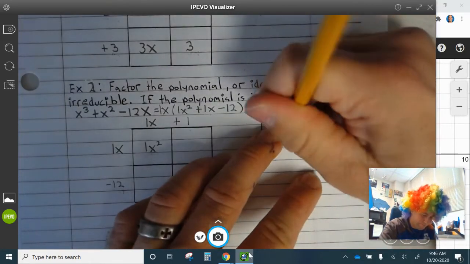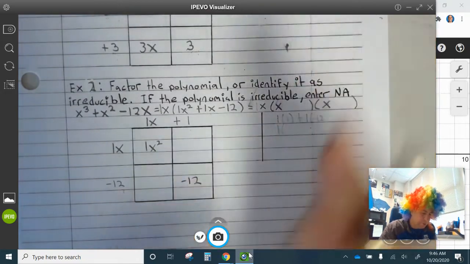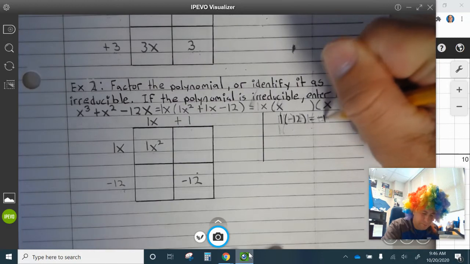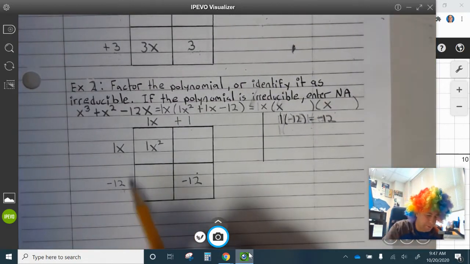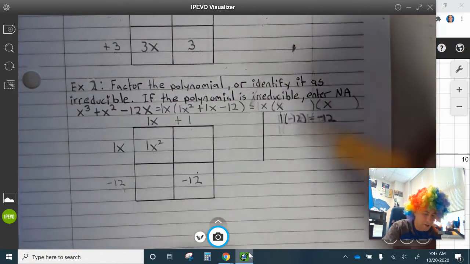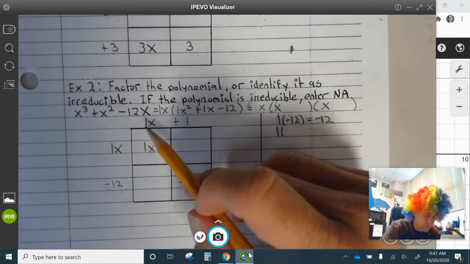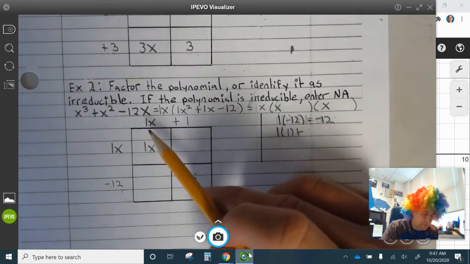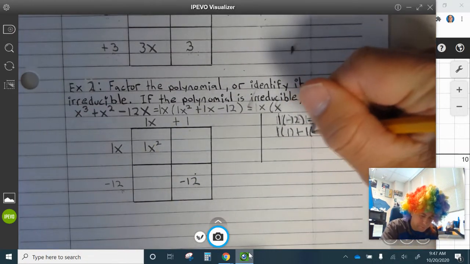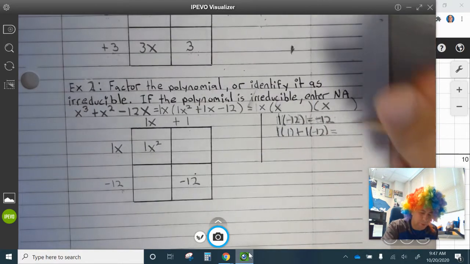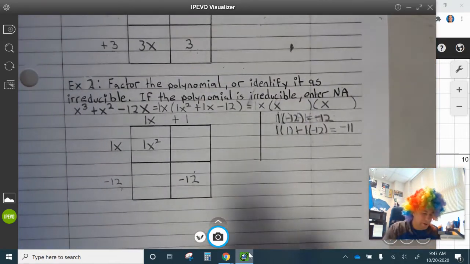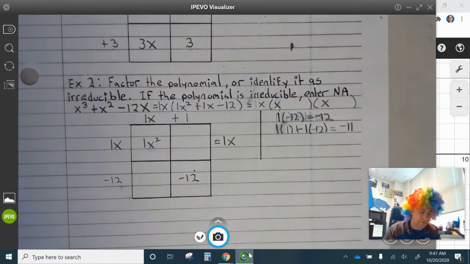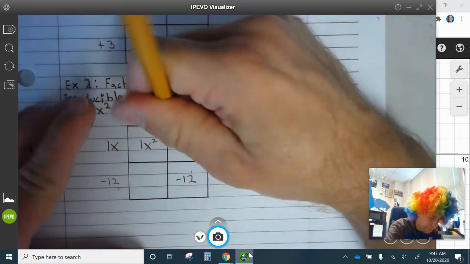Oh, hold on. Keep jumping to this, but you always want to make sure that this works. 1 times negative 12 is negative 12. Okay? You always want to check to make sure that works first. Now let's do 1 times 1 plus 1 times negative 12. Well, that equals negative 11. But the middle term here needs to equal 1x. So this combination doesn't work.